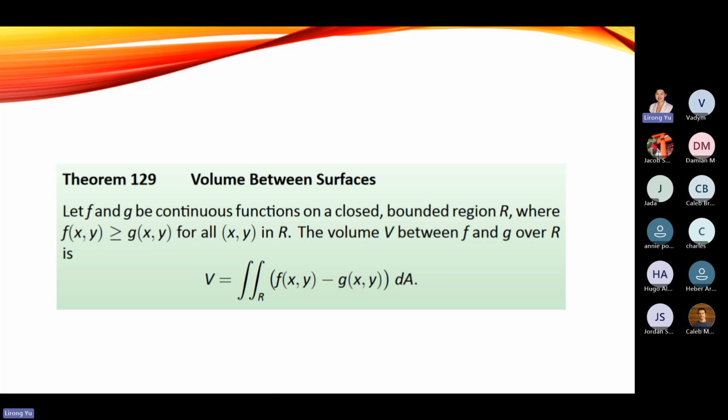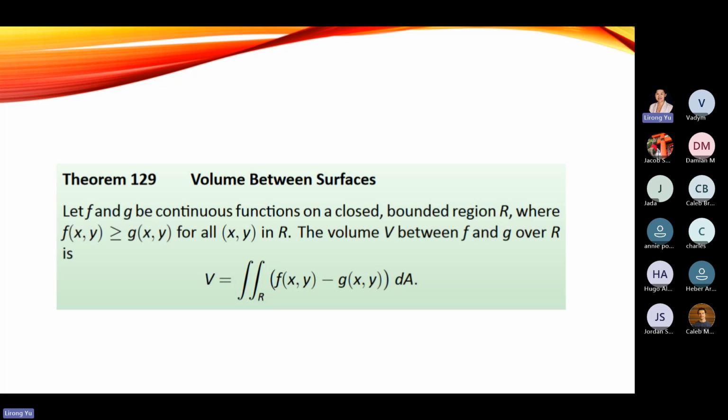All right. So number one, we should realize that we can calculate volume between two surfaces by using the top surface minus the bottom surface. But this has a certain requirement that the top surface, the higher surface, f of x y, has to be larger than the bottom one. So z equal to f of x y, and z equal to g of x y. They are two different functions.